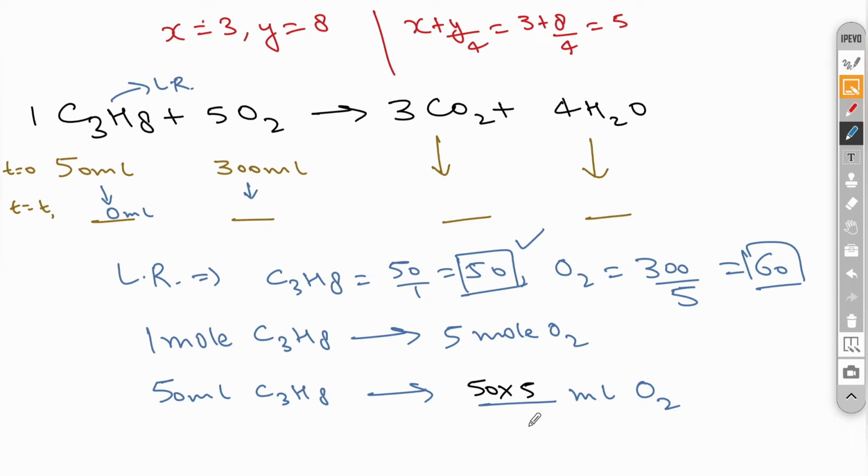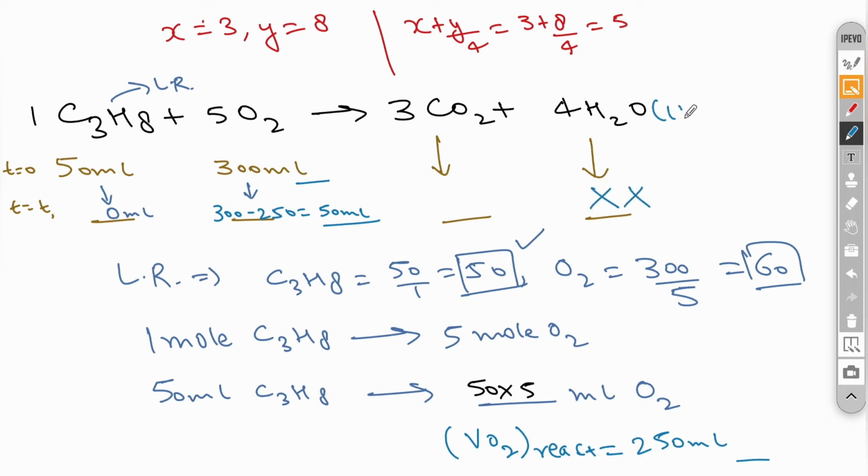So this is how much O2 will be reacted in this reaction. It will be 250 milliliters, right? So how much will be left? 300 minus 250. It will come out to be 50 milliliters. So 50 ml is left for oxygen, and similarly how much CO2 will be formed?